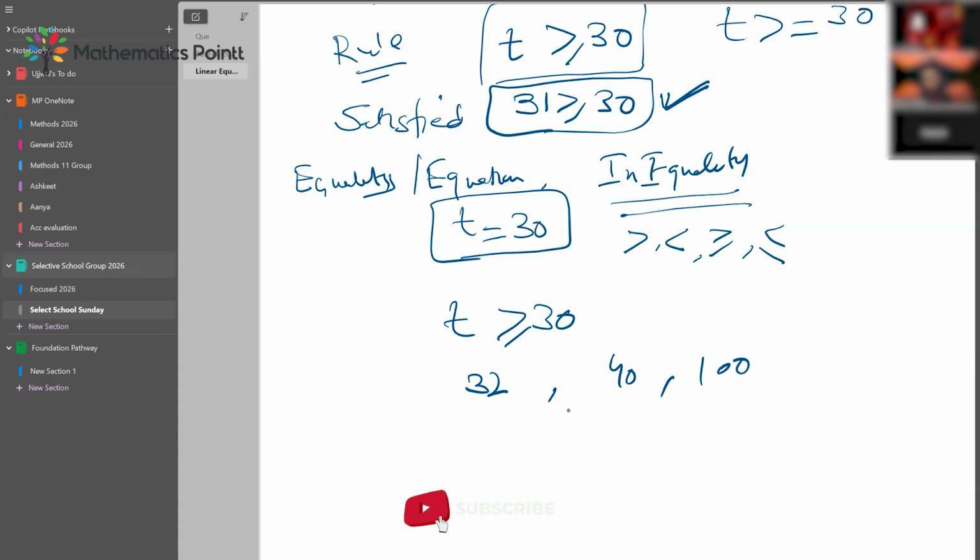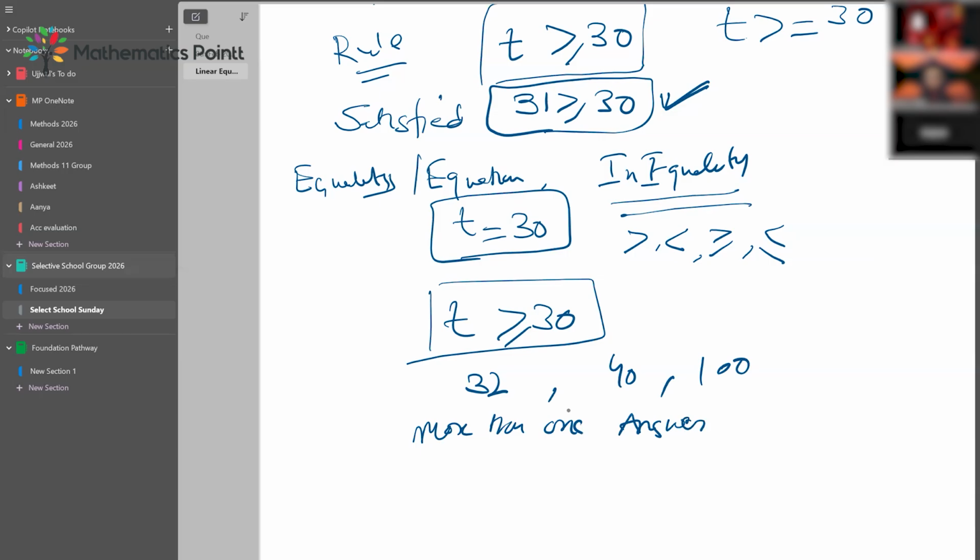Yes. So, an inequality can have more than one answer, whereas an equality always has one answer. Always remember that. Now, next step.